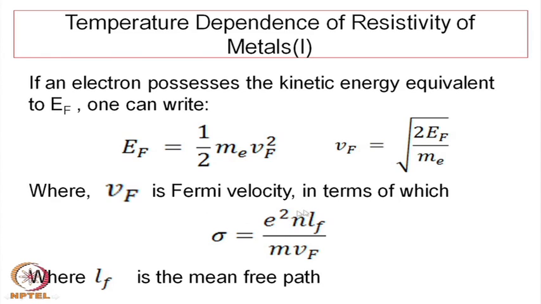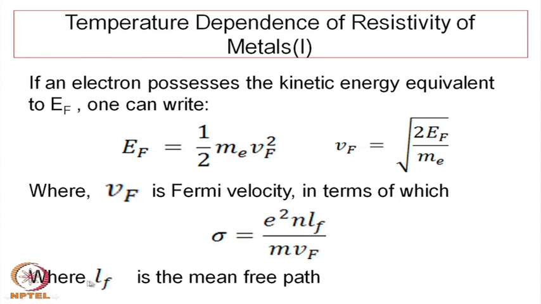So Vf is the Fermi velocity, in terms of which sigma, the conductivity, is expressed, because there is always a velocity term in the conductivity. So it becomes e squared n Lf over m Vf, where Lf is the mean free path again. Okay. Again some kind of a collision has been assumed, but what exactly it means need not be understood.